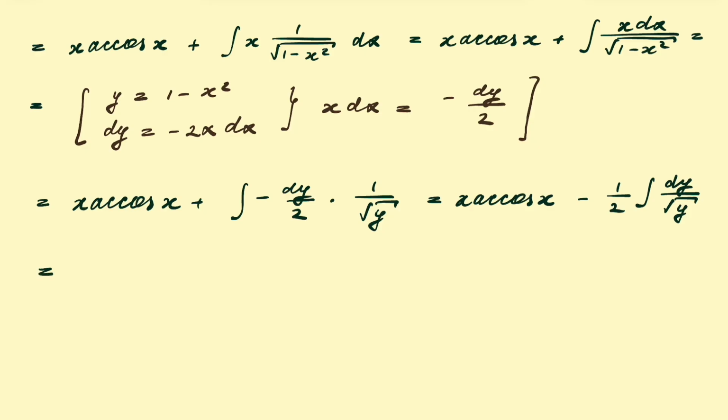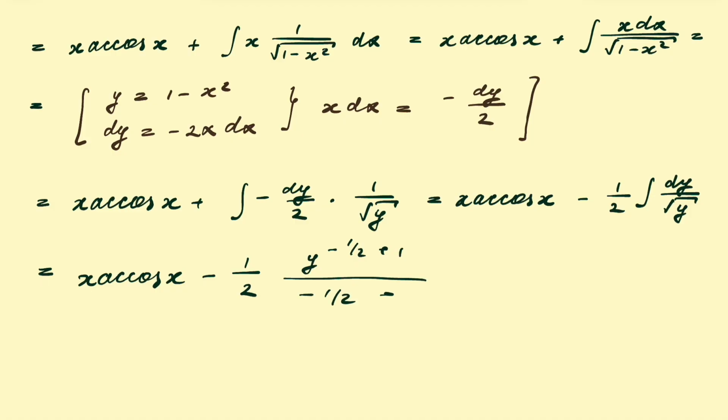Now this integral is just an integral of y to the power of minus 1 over 2, right? And it's done in a standard way. It's y to the power of minus 1 over 2 plus 1, over minus 1 over 2 plus 1.